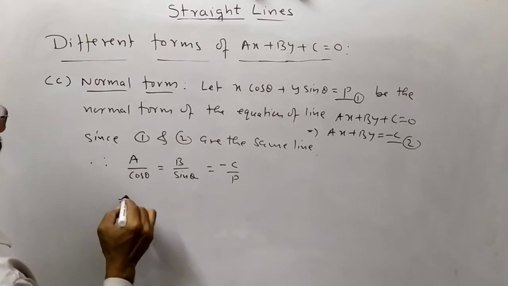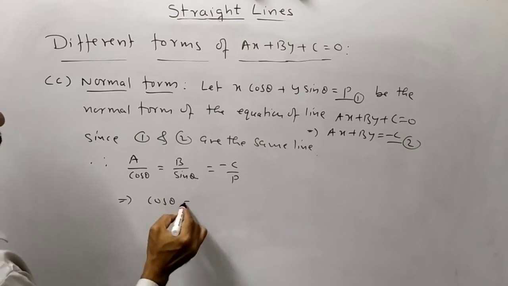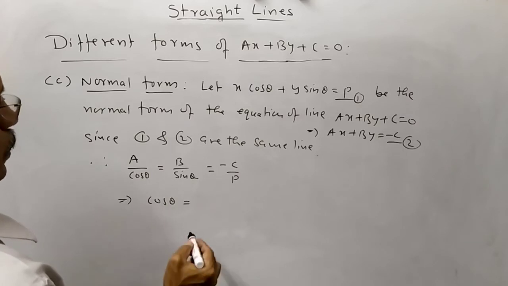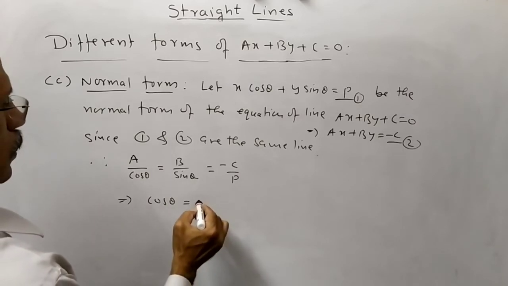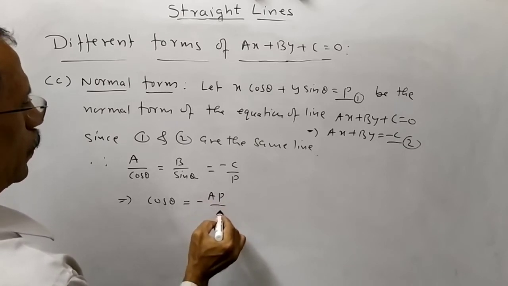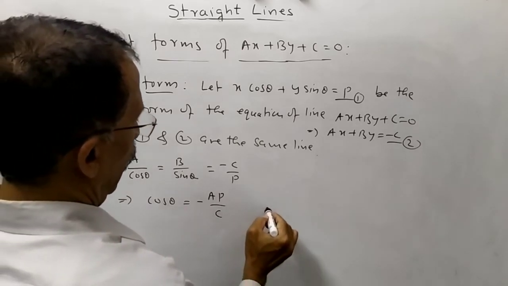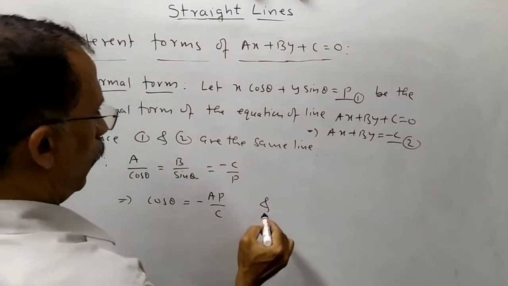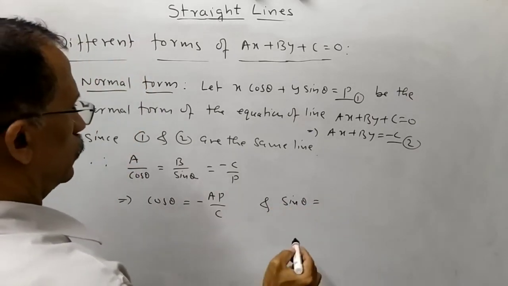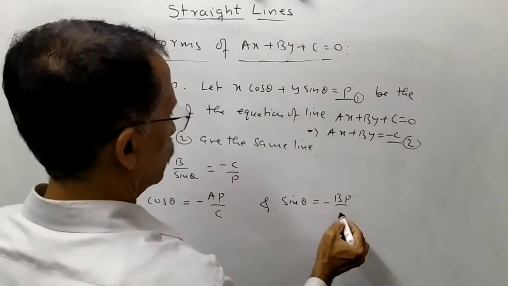This implies cos theta is equal to, first and last one, so when you equate, minus ap divided by c, and sin theta is equal to minus bp divided by c.